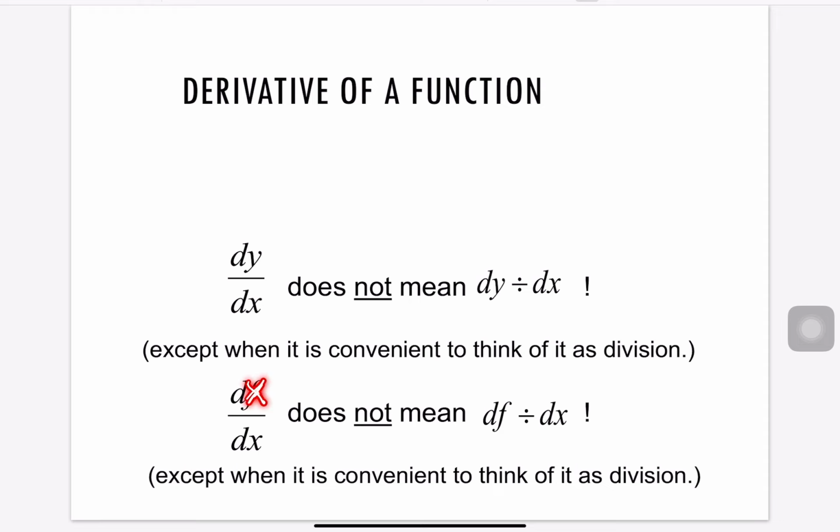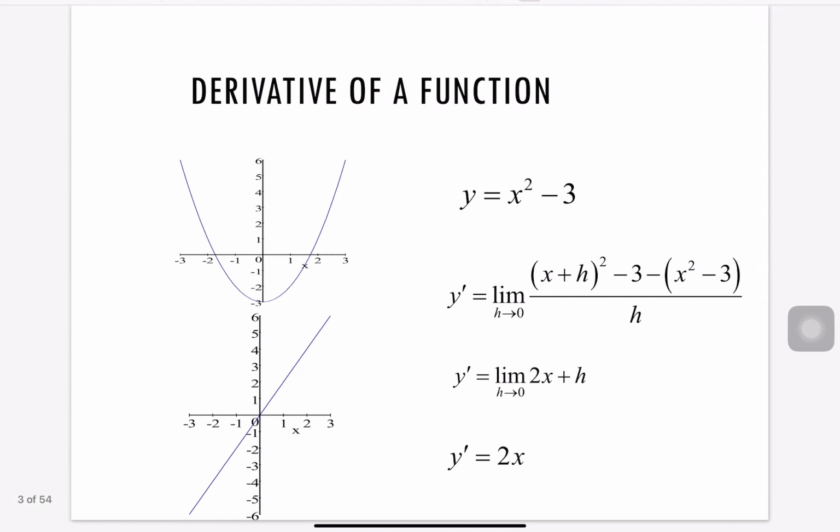For example, if my function is y equals 3x plus 3, in this situation I can write dy per dx, the derivative of y, will be 3. But we cannot write, for example, f x equals 3x plus 3 and df per dx, that is not good.